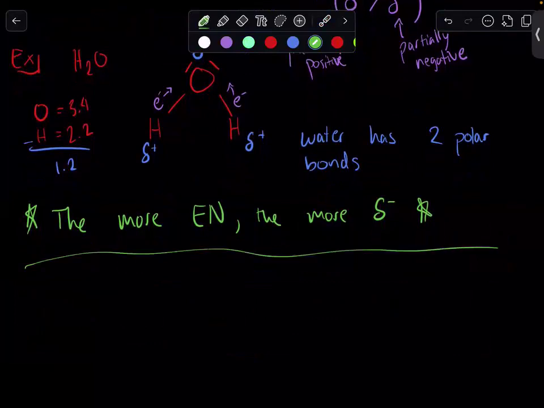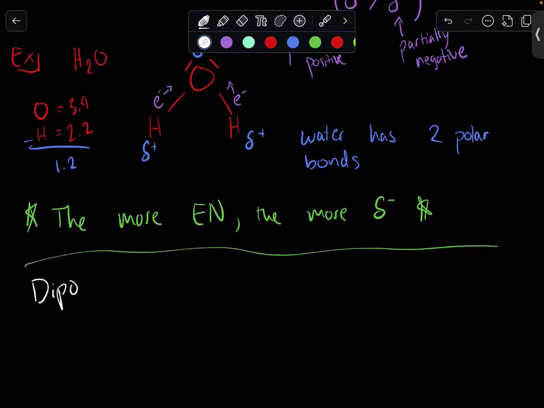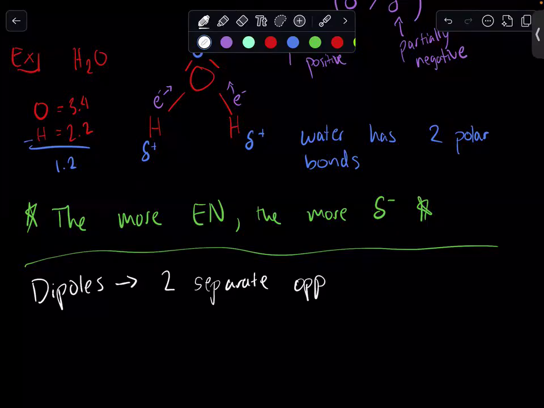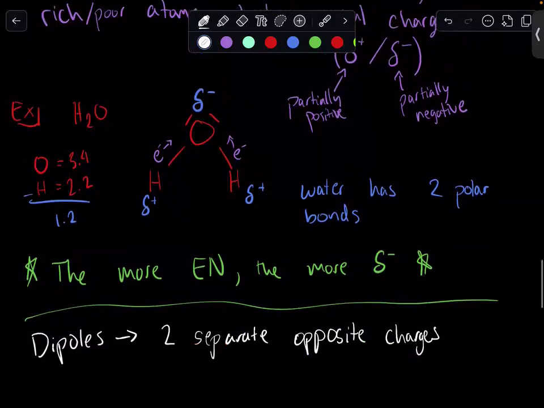All right, so the last aspect of this lesson is what we call dipoles. Dipoles are basically just two separate opposite charges. In a polar bond, you do get two separate opposite charges. They aren't complete charges, but we have two separate ones.